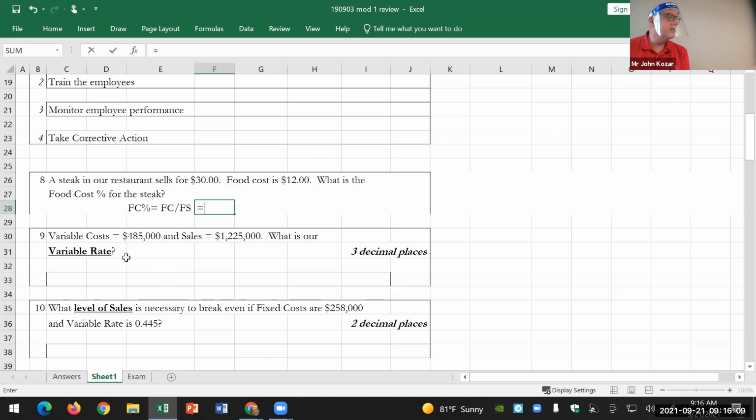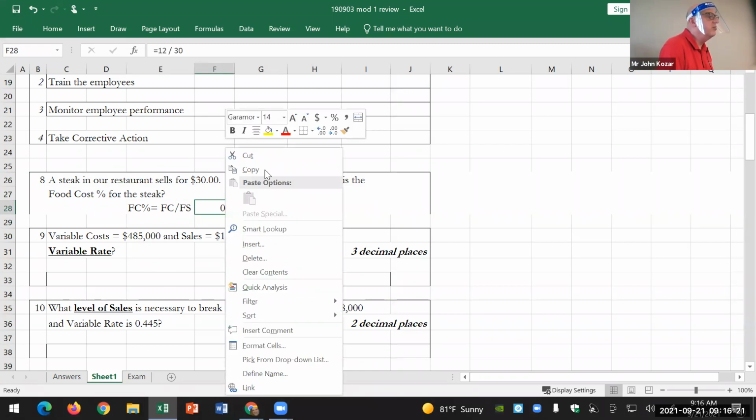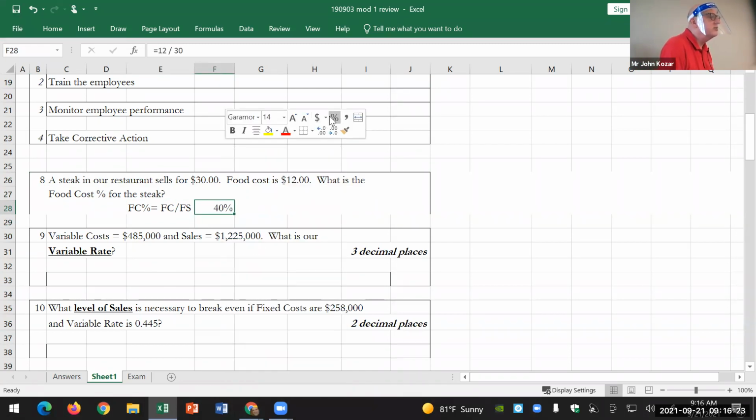In this case, food cost is 12, and we're selling it for 30. That's 0.4, but we want to make that a percentage. So the answer is 40%.